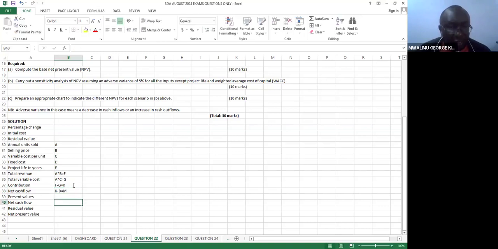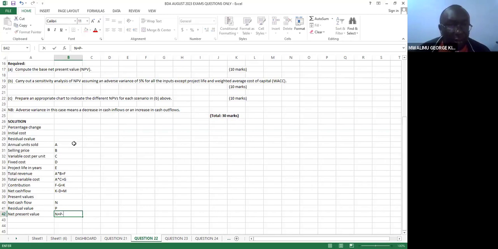So for the net present value, we will have a formula. This one we can call N, and this one we can also call P. The net present value will be N plus P minus the initial cost.